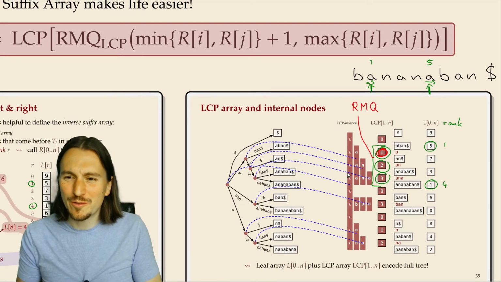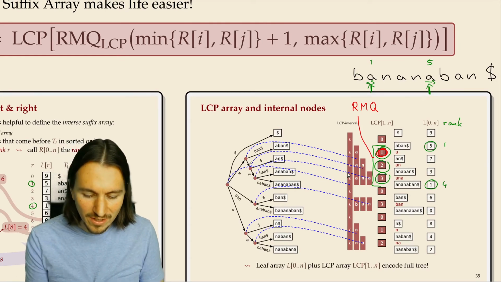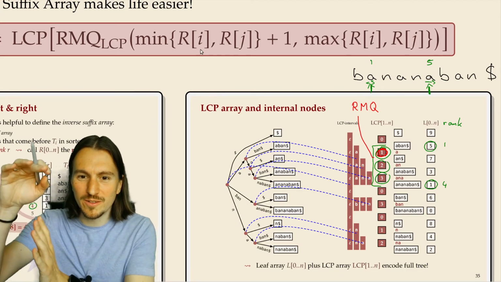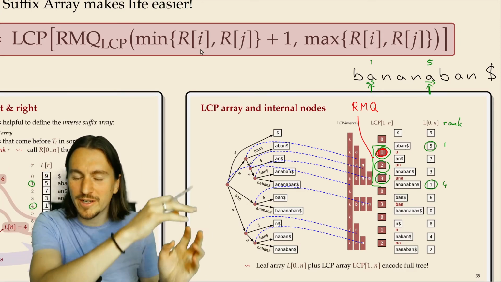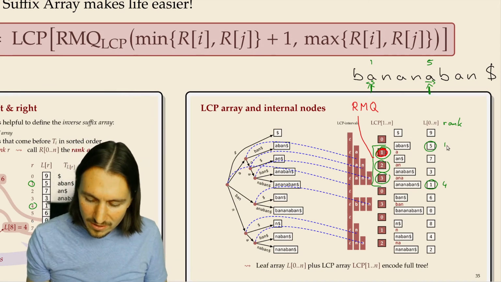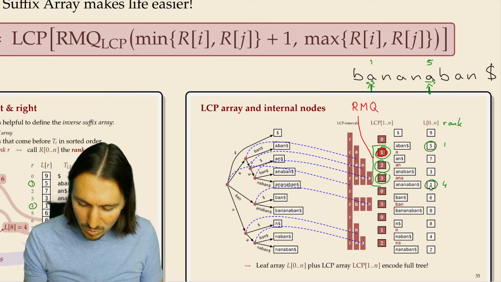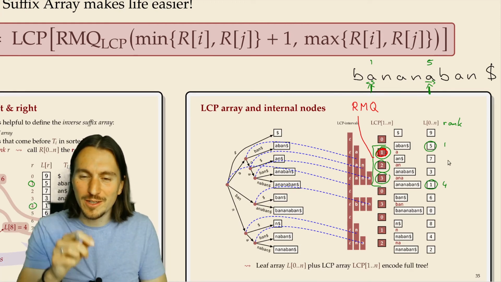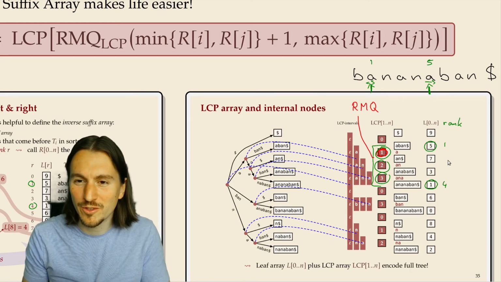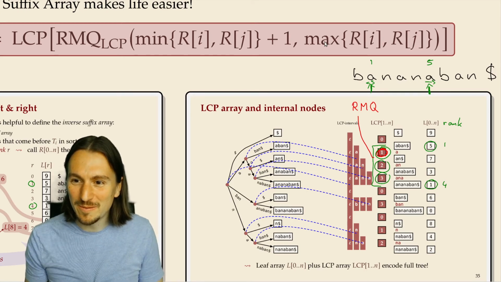If I want to find the longest common extension between two positions i and j, I take R, the rank array, to map them into this picture on the right, where I have them in the sorted order. They might flip positions, so 5 becomes 1 and 1 becomes 4. So even though i was less than j, now R of i is bigger than R of j. That's why we use min and max to get those two right.